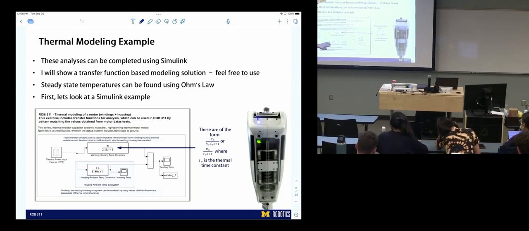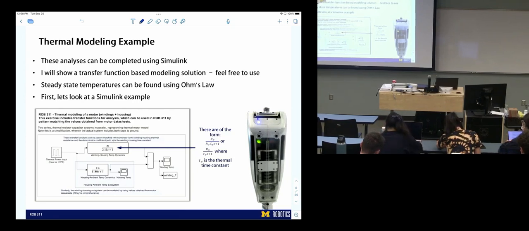You go into these blocks. They only have two parameters: the numerator, which is going to be the thermal resistance, and a coefficient on the term that has the S, which is the thermal time constant. That will allow you to simulate the rise in temperature of your motor's windings and its housings.